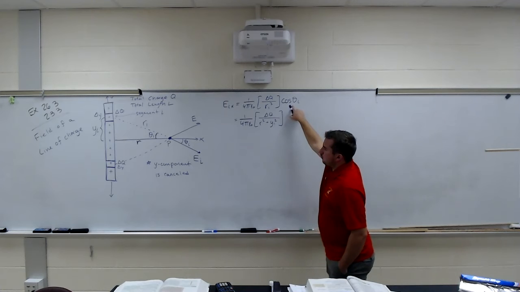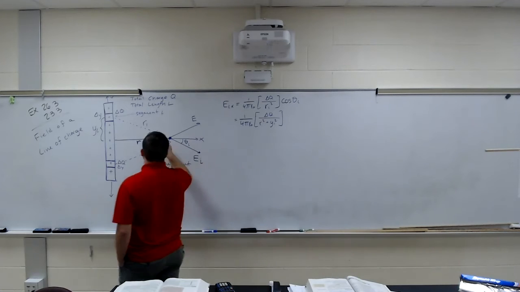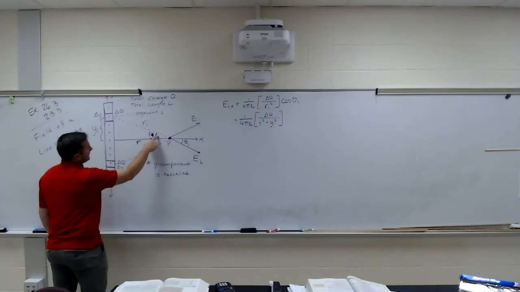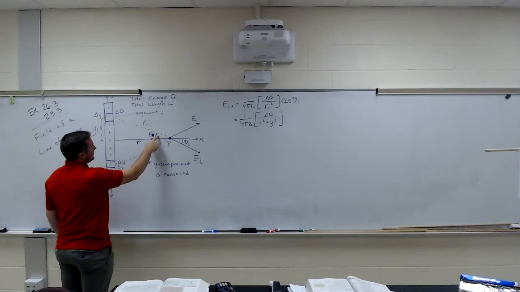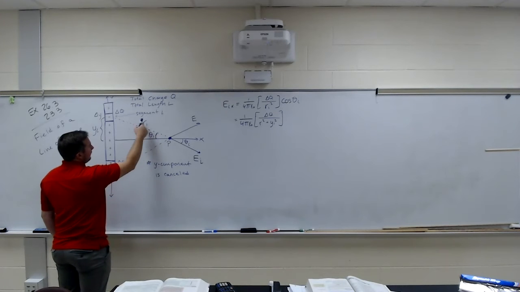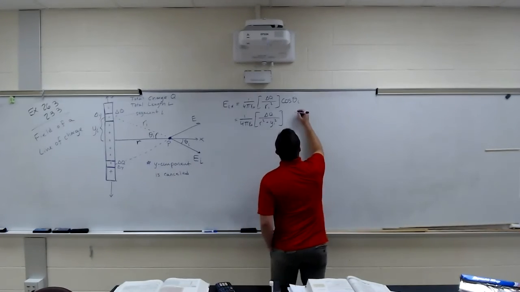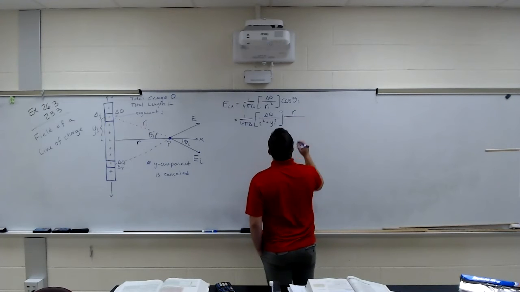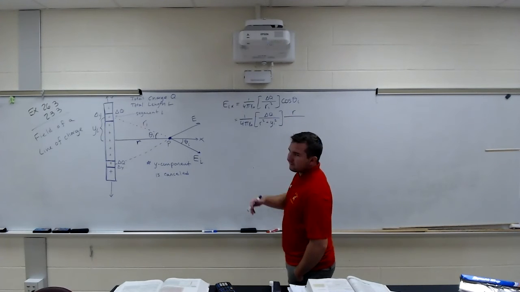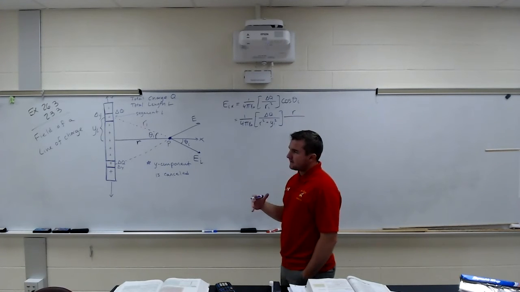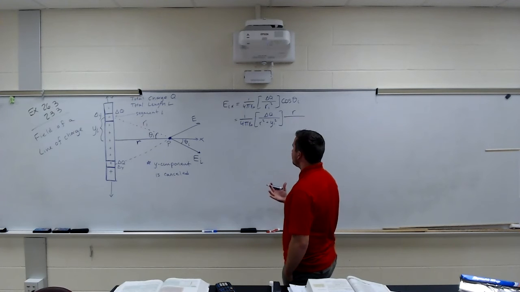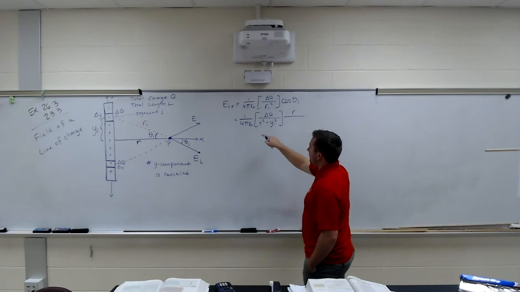Cosine of theta, right? Our angle is this angle right here, which matches with this angle. Cosine is going to be adjacent over hypotenuse. So r is adjacent over the hypotenuse, which is Ri, right? But we said we didn't want to use Ri because it's not on the x or y axis. So Ri we already solved for.